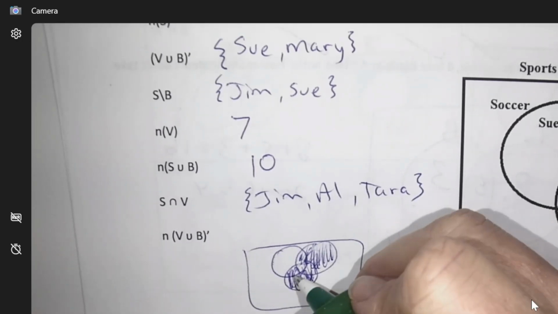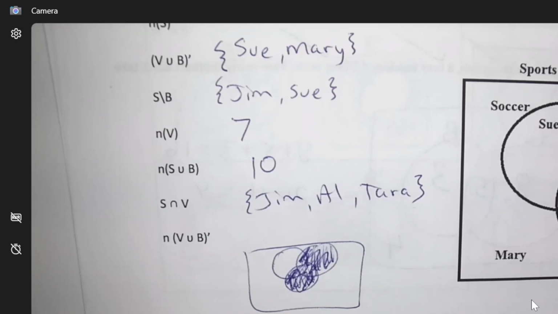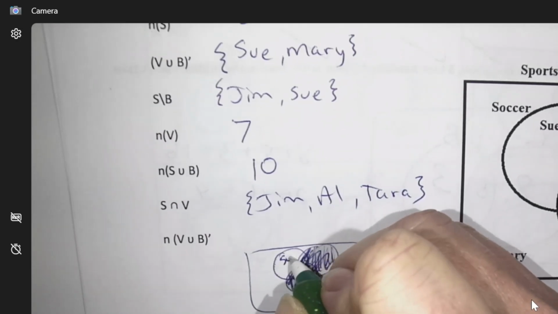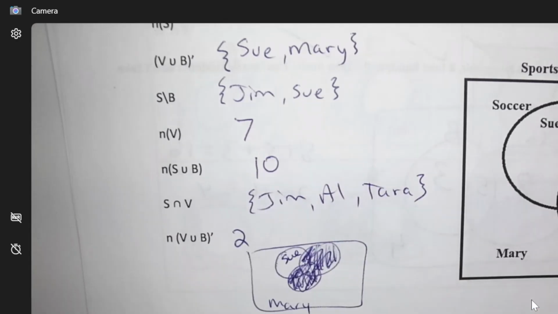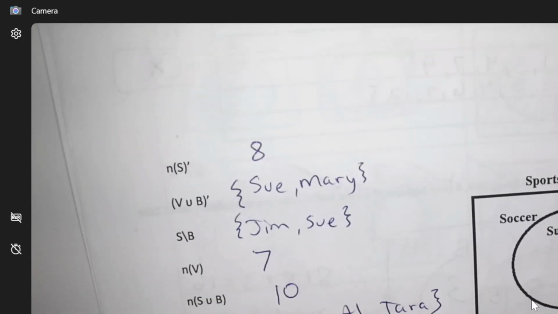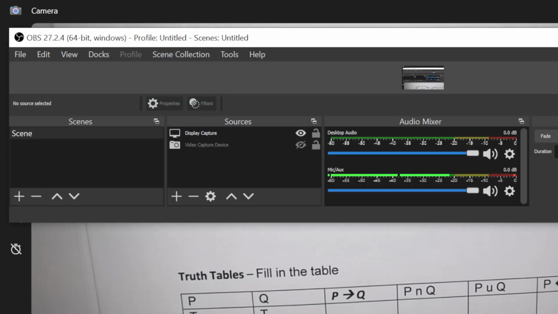So after I cover up that, who is left? 2. I have Sue and Mary. That's it, right? So 2. Okay. I'll do more later.